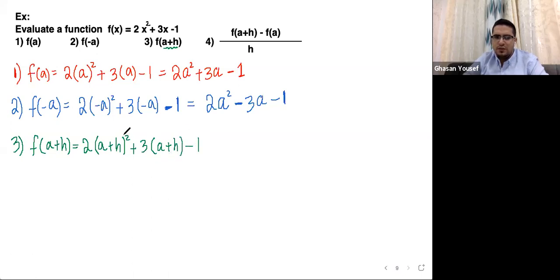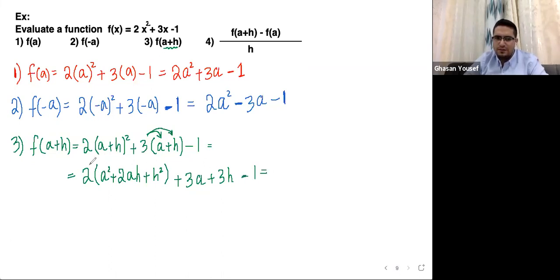Now let's expand the parentheses: a squared plus 2 times the first term times the second term, as we learned before in the previous sections, plus the second term squared. The 3 is distributed inside the parentheses: plus 3a plus 3h, and the negative 1 goes down.